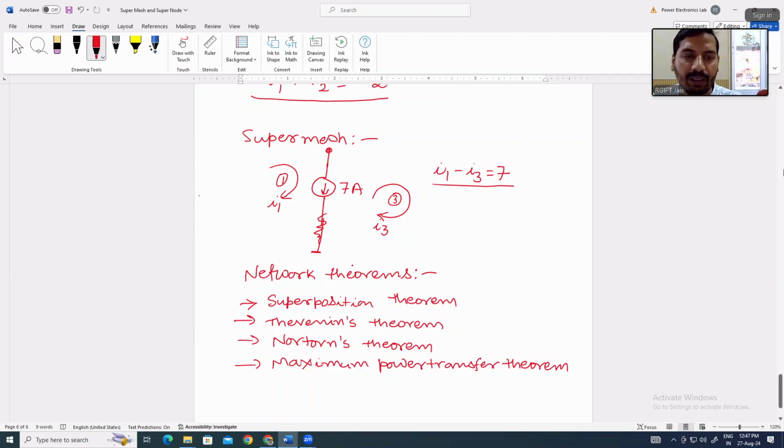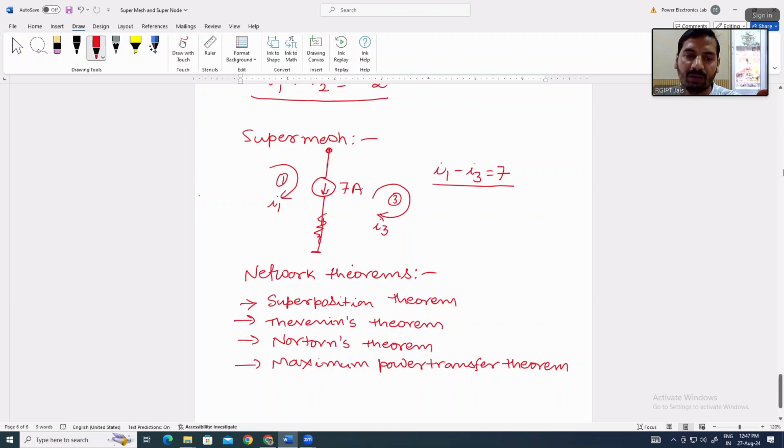There are various applications of these network theorems. You will find in your upcoming courses also that you are applying superposition theorem, Thevenin's theorem, or you have to apply maximum power transfer theorem for a particular problem, while solving circuits based on devices, whether it is IGBT or MOSFET.